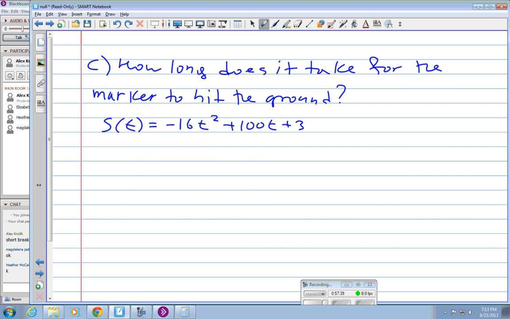So, how do we go about solving that? So it hit the ground. Set it to 0, right? So set s of t to 0 and solve for t, because the height is 0 at that time. So negative 16t squared plus 100t plus 3 equals 0.